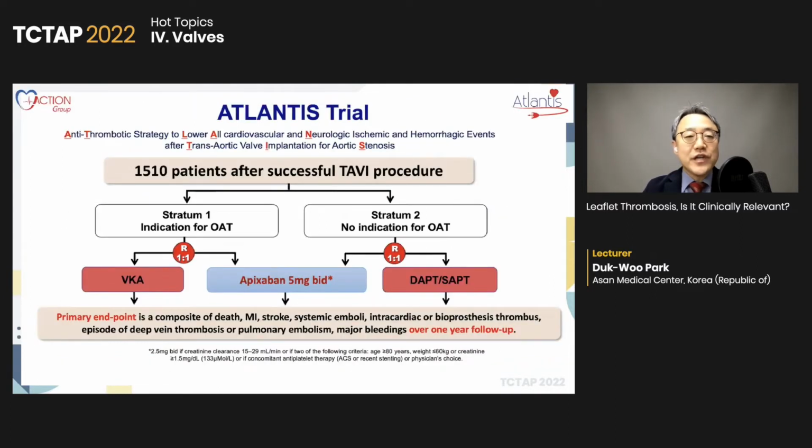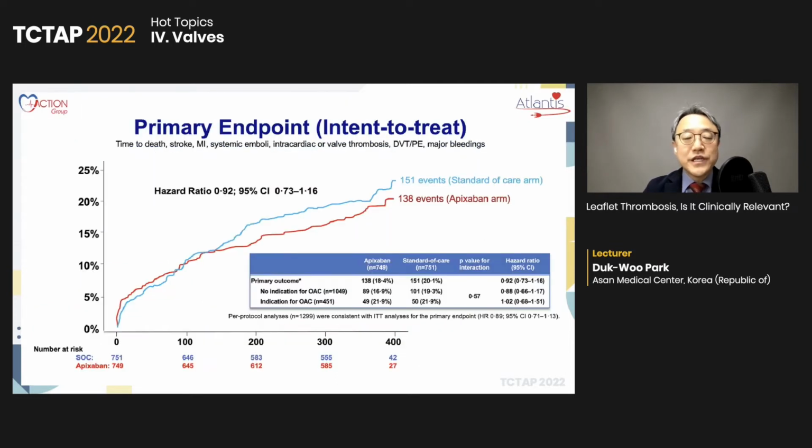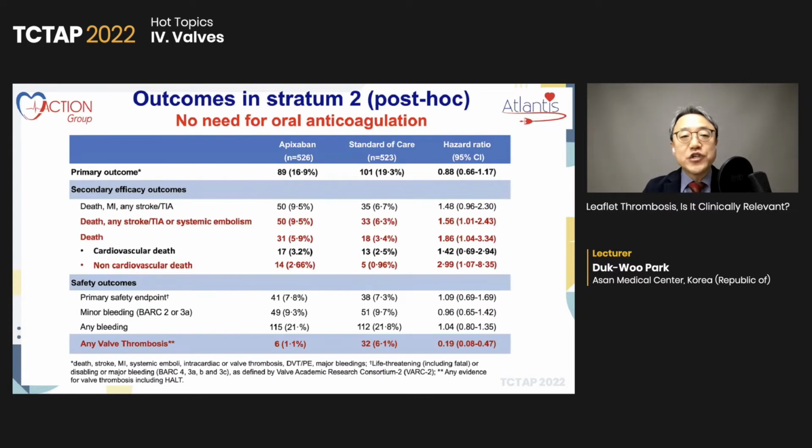The ATLANTIS trial evaluated 1,500 patients, evaluating apixaban for patients with an indication for OAC and with no indication for OAC. Overall, compared to standard of care, apixaban did not achieve a better outcome in terms of safety and efficacy. One of the interesting findings in patients with no need for oral anticoagulation: all-cause mortality, especially non-cardiovascular mortality, was much higher with apixaban use.